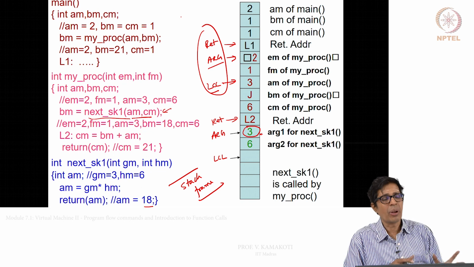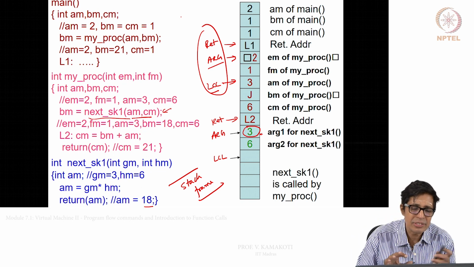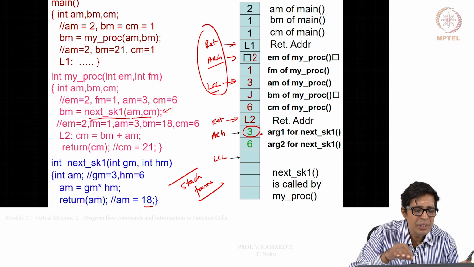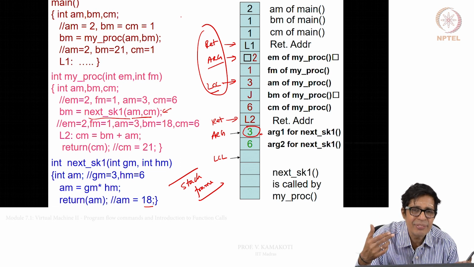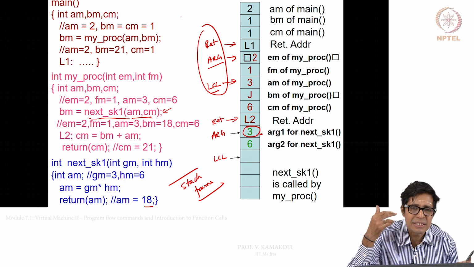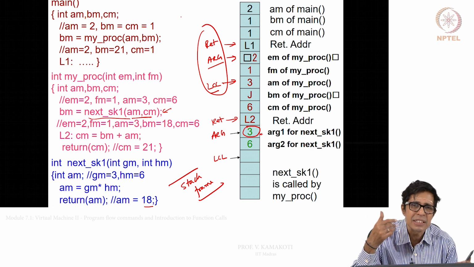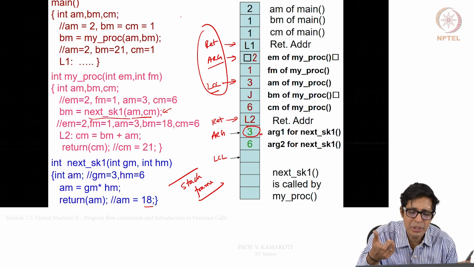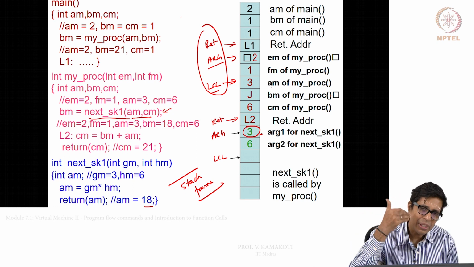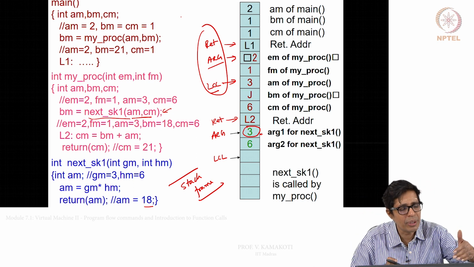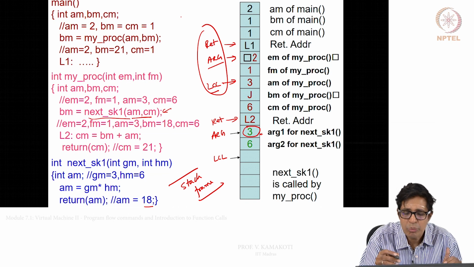That is called the context of the process, and we need to retrieve it. So when I am going from a calling function to a called function, not only do we push the arguments and keep some space for the local variables, we also save the return address, and along with that return address, the start of the argument segment and the start of the local segment for the calling function. When I am calling from main to, let us say, myproc to nestsk1, what did I save?